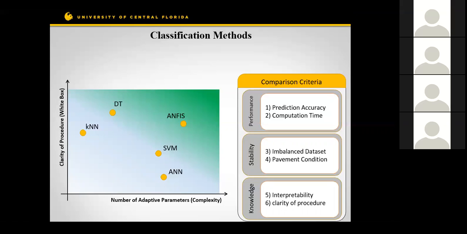So we wanted to make sure that the classifier can provide consistent and correct results for different pavement conditions. And also, we were interested to know how much information we can get from the classification procedure. Is there anything from interpreting the classification procedure that we can use from a pavement management point of view? So these are the criteria that we consider.